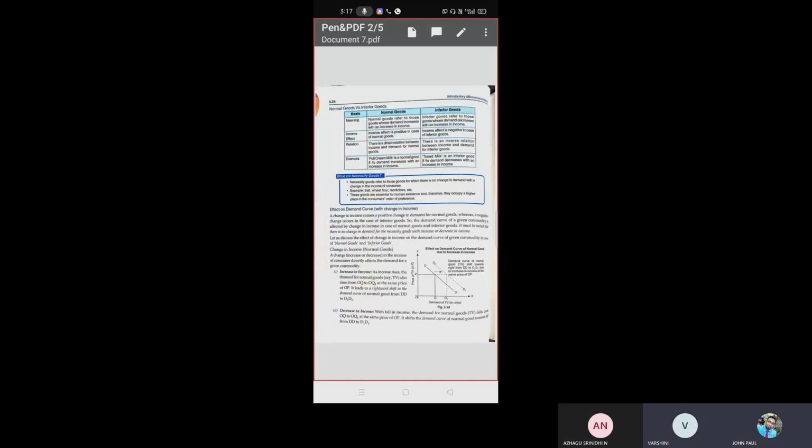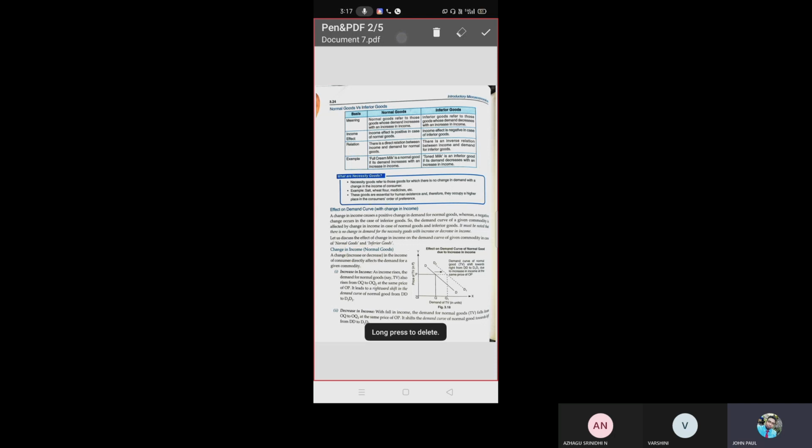So the next one is the effect on the demand curve: change in income. Change in income means an increase or decrease in the income of the consumer, which directly affects the demand for a given commodity.